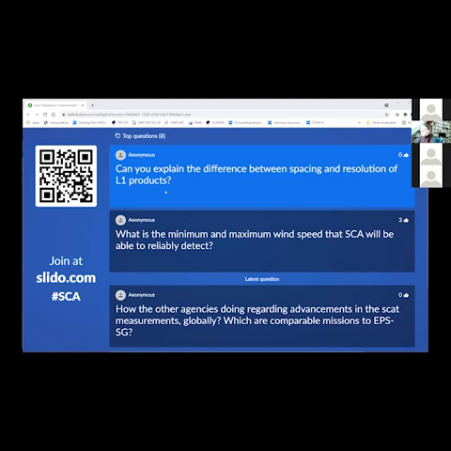So we have a difference between spacing and resolution because the grid spacing is twice the resolution of the products. So the grid spacing is higher than the actual resolution of the products.